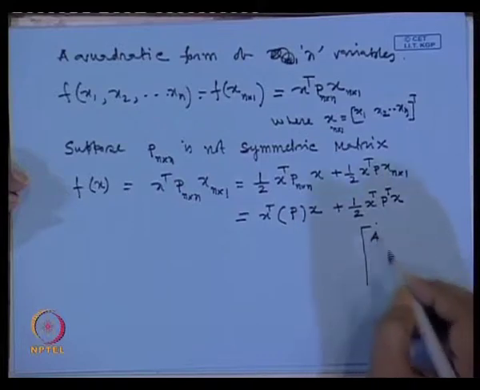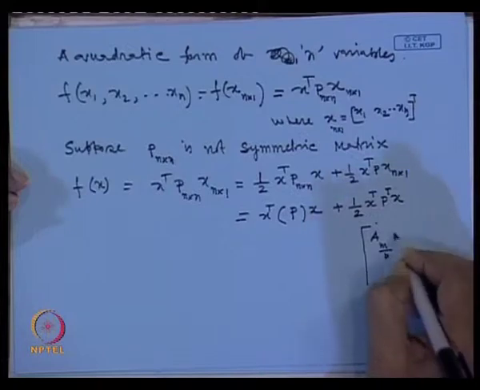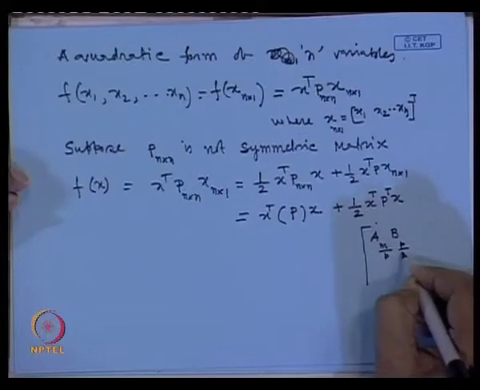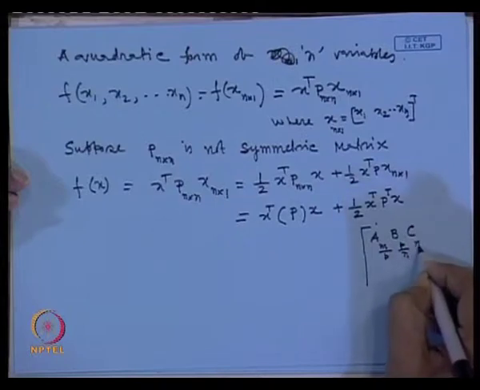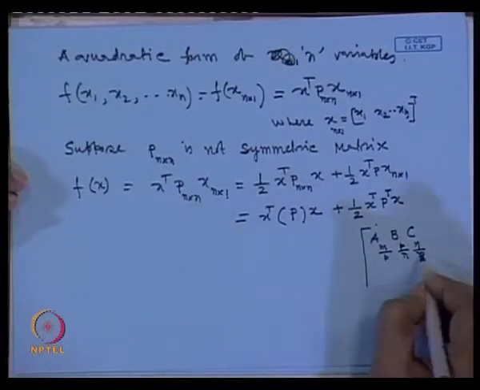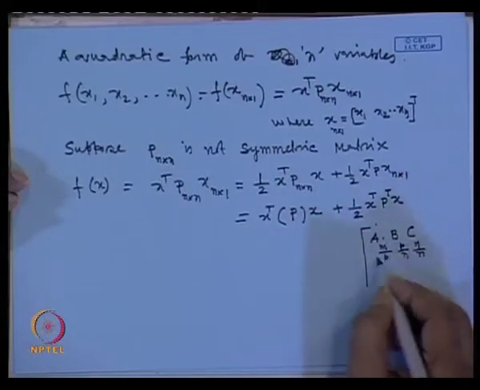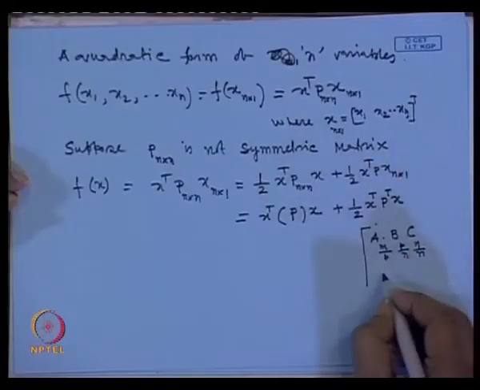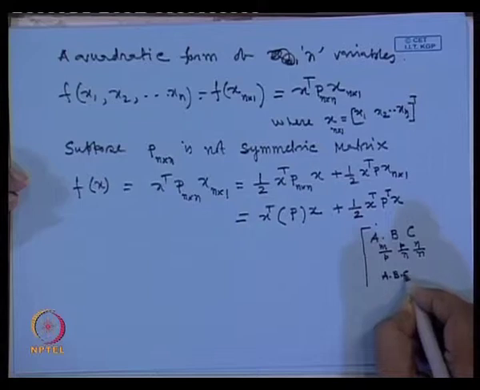Note how I have written this. If A is a matrix of dimension m cross p, B is a matrix of proper dimension p cross n, and C is a matrix whose dimension is n cross r, then we can multiply A, B, C with proper dimensions.